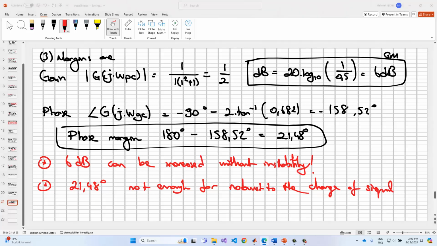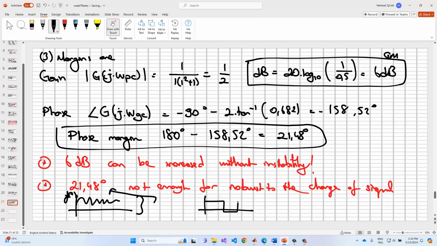Okay, but what does it tell us? Just see that if we have an applied signal like this one, for example a sinusoid, this is not good enough with 21 degrees. But if we apply a unit step signal like this one, this is good, but this is not, because we cannot reach this phase in here. If we have a larger margin at the phase, we can drive the system easily.